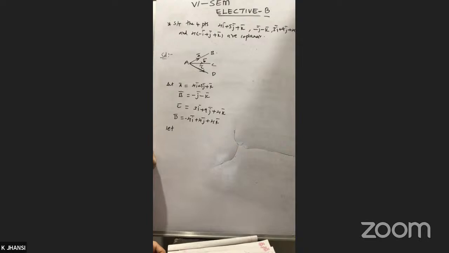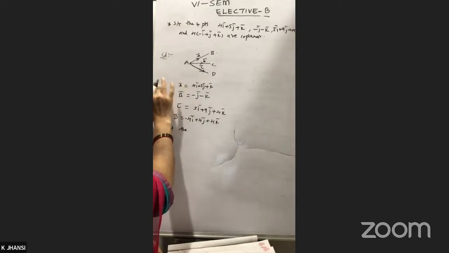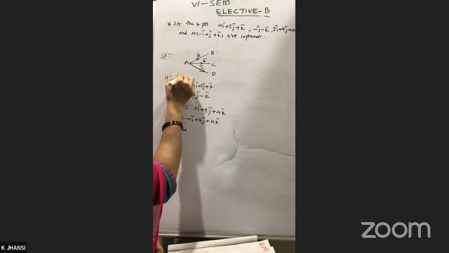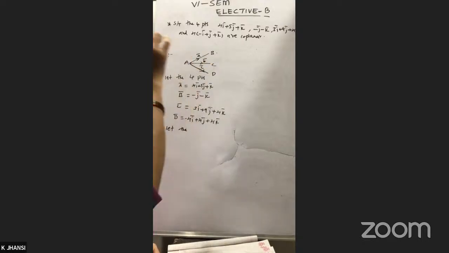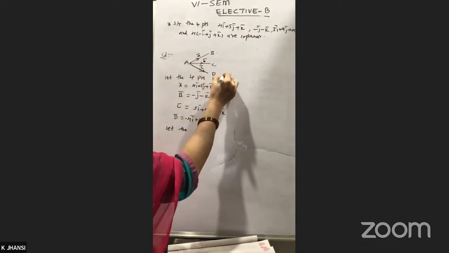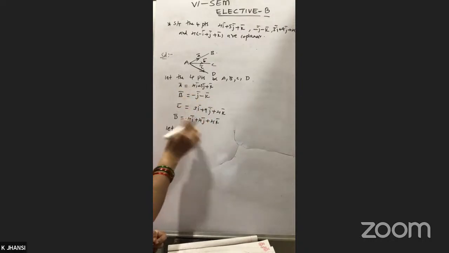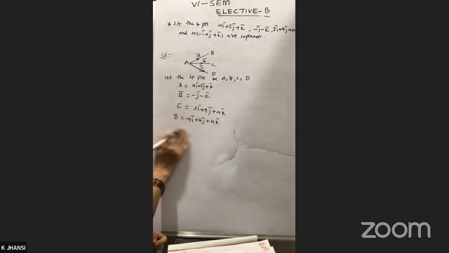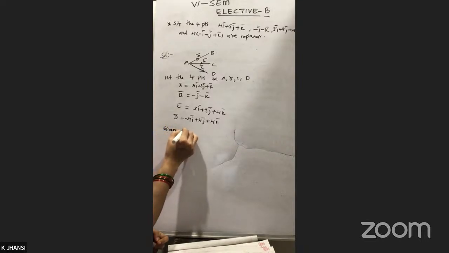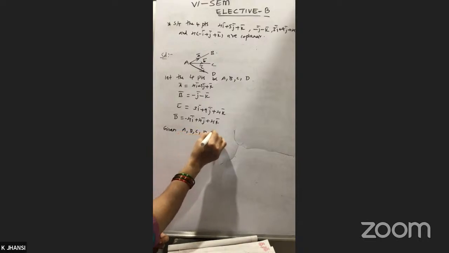Let the 4 points here be A, B, C, D. Given A, B, C, D are coplanar.